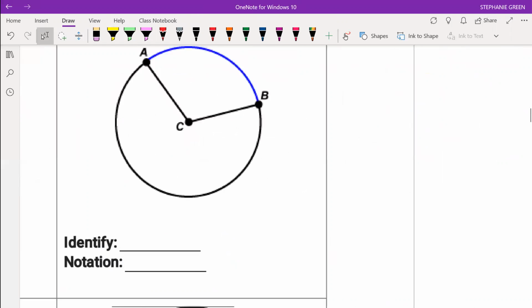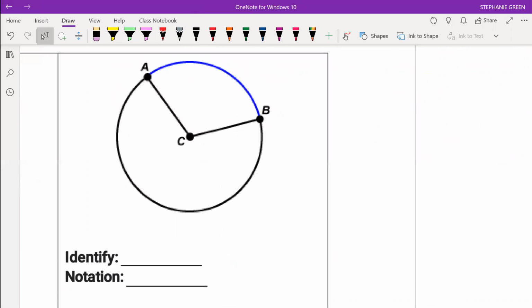On this one, my highlighted part is the arc between points A and B inside our central angle. So that is a minor arc, and its name is arc AB, or we could call it arc BA. I only need 2 letters here because it is a minor arc.